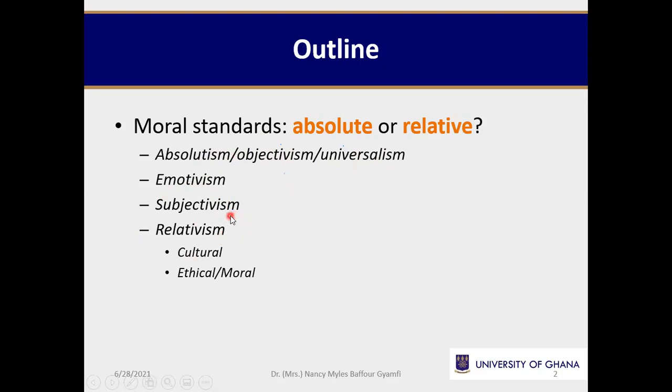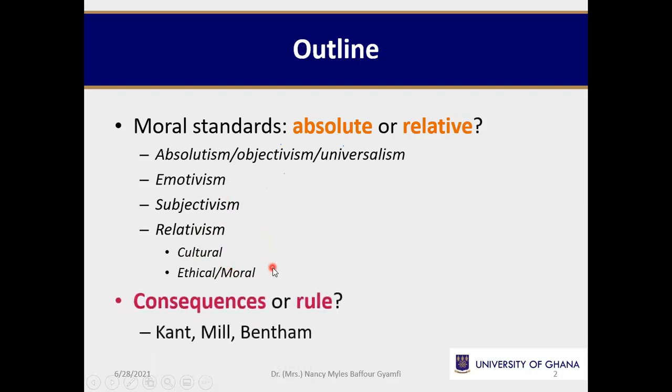Under relativism, all the isms you see here would be so clear to you in some few minutes. Okay. Under relativism, we think of the cultural relativist view, which is nearly empirical. Whilst we contrast that with ethical or moral relativism, which is the one that substantively deals with the question of ethics and raises some peculiar questions against the claim of objectivism.